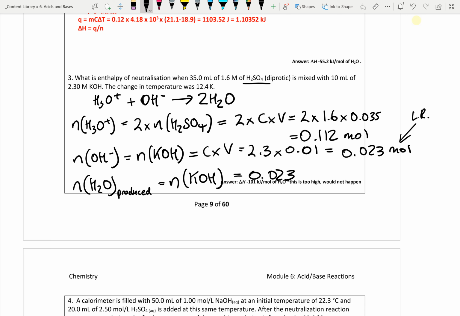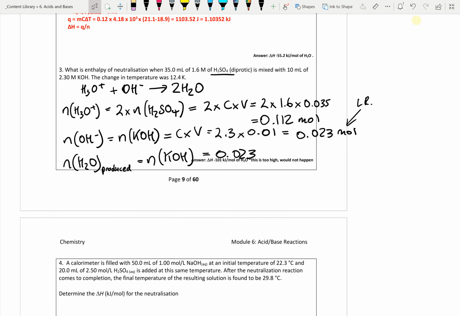For right now, we're just going to go back and use familiar equations like Q equals mcΔT. For this one, we're trying to find the energy released or the energy absorbed. It's got a kind of semantic of whether it's negative or not. So this is the energy released by the reaction. And then we're going to divide it by how many moles and get the enthalpy change.